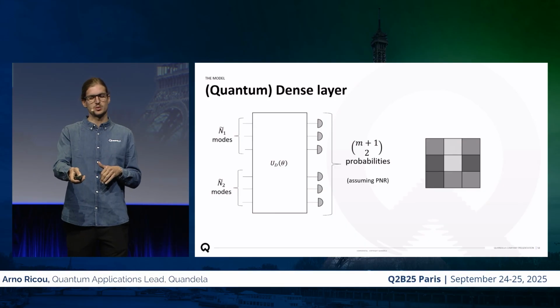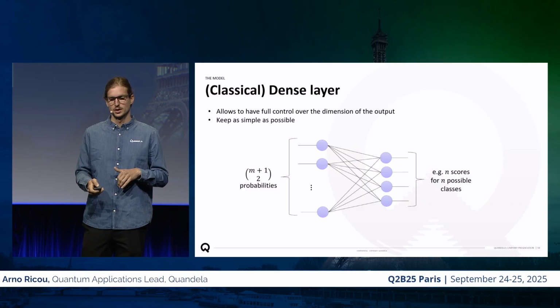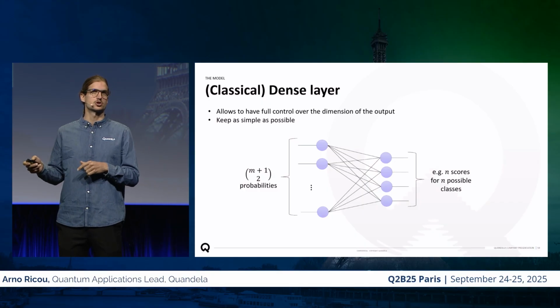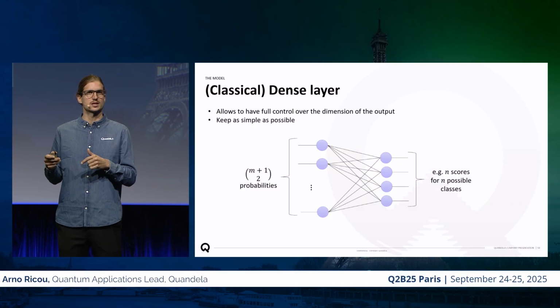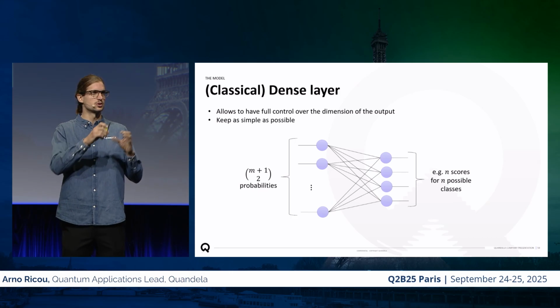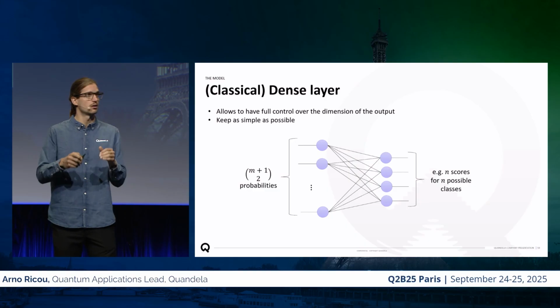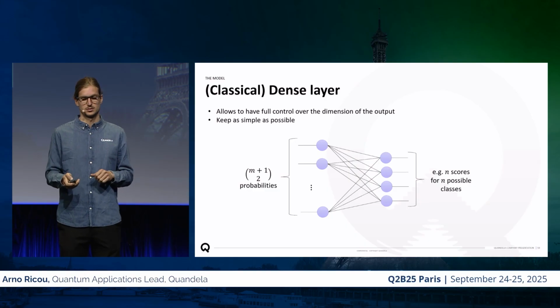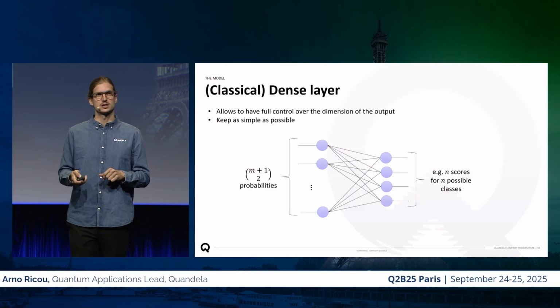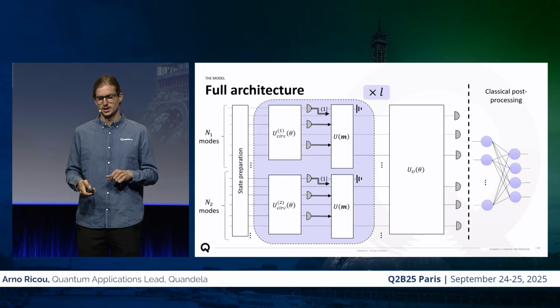So in this case, m is n1 plus n2. But we maybe want just n, we just have n classes. So what we want to do is to reduce the space we're in by simply using a dense layer. So that's a classical dense layer we have at the end of the process.